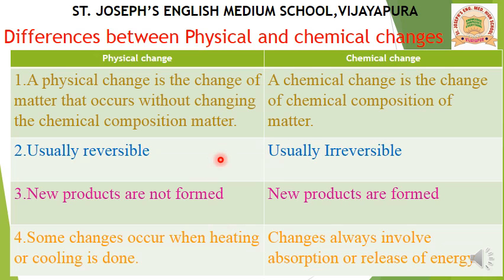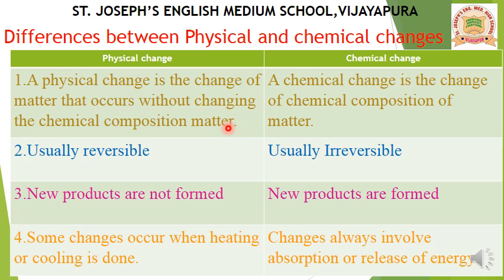Let us see the differences between chemical and physical change. This side there is physical change. Physical change is the change of matter that occurs without changing the chemical composition of the matter. Say burning of wood, it changes the matter, whereas the chemical composition also changes.